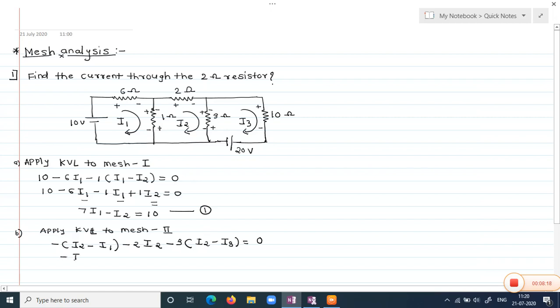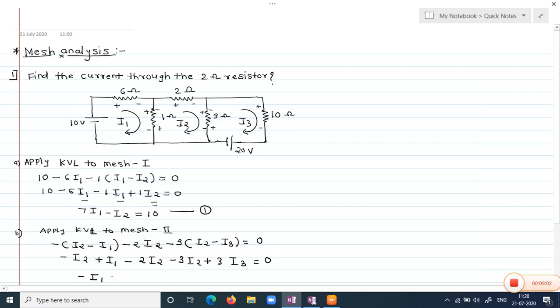Minus I2 plus I1 minus 2 I2 minus 3 I2, again minus, multiply into the bracket, minus minus plus, means plus 3 I3 is equal to 0. Then you have to see the common terms. Here I1 is present, but I1 you have to keep outside, so the plus sign you will get minus here, minus I1.